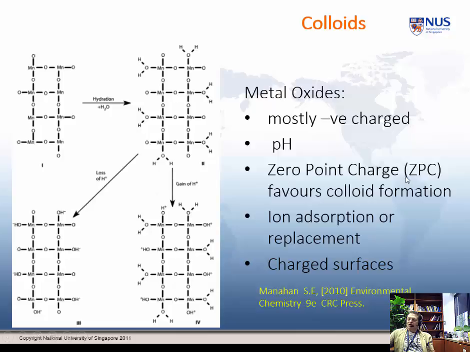I won't bore you with the zero-point charge that you have dealt with in your earlier years, but effectively changing the pH changes the zero-point charge and allows not only charged reaction surfaces in waters, but also a degree of ion exchange with the surface ions.